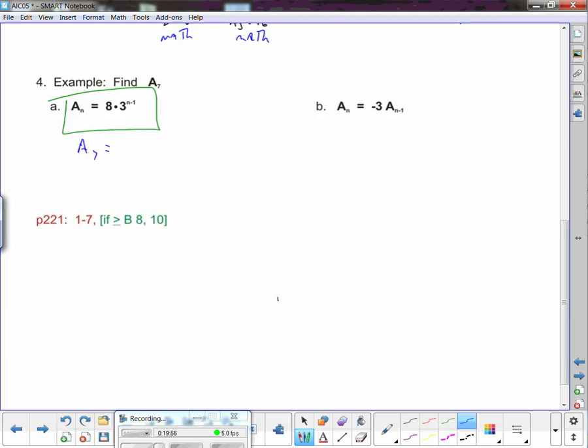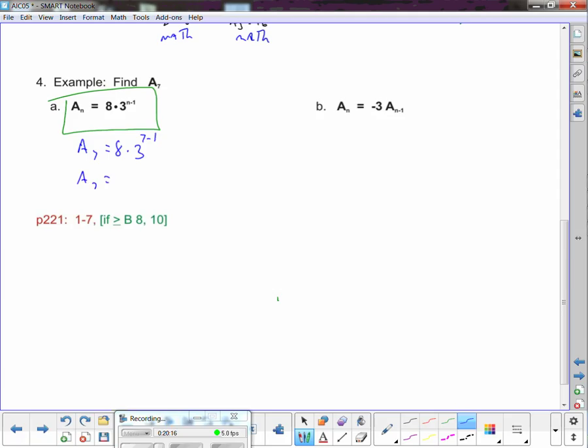The 7th term is when the n is a 7. 8 times 3 to the 7 minus 1. Now, everybody's going to need their calculator out because you need to know how to work your calculator. So one more step here before we punch it in.